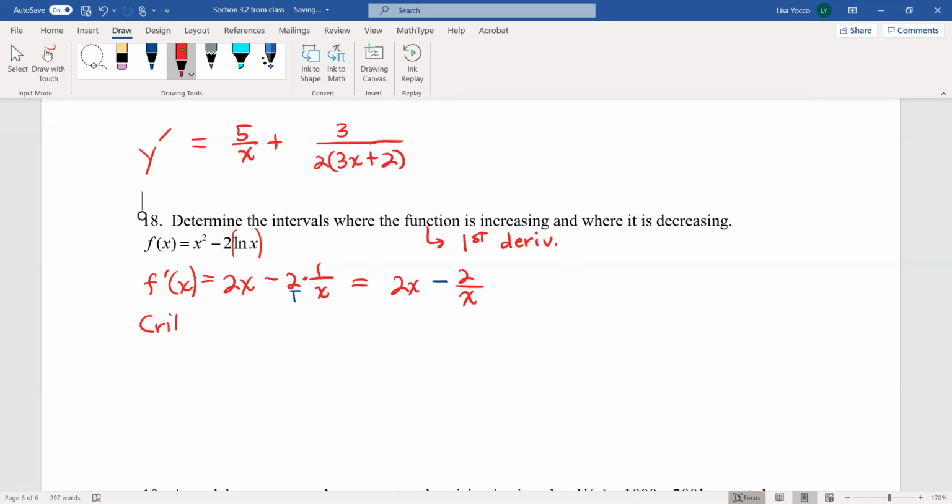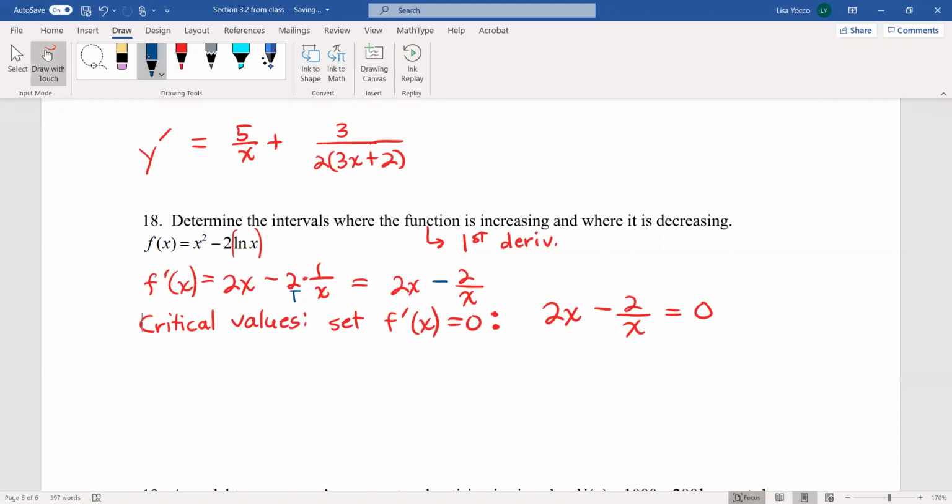To get the critical values, I'm going to set the derivative equal to 0. 2x minus 2 divided by x equals 0. All right, so this is an equation with a fraction in it.